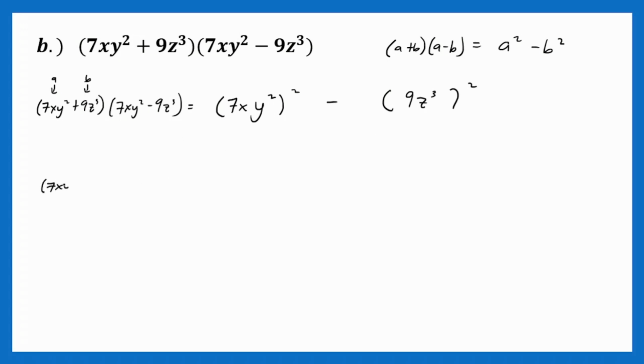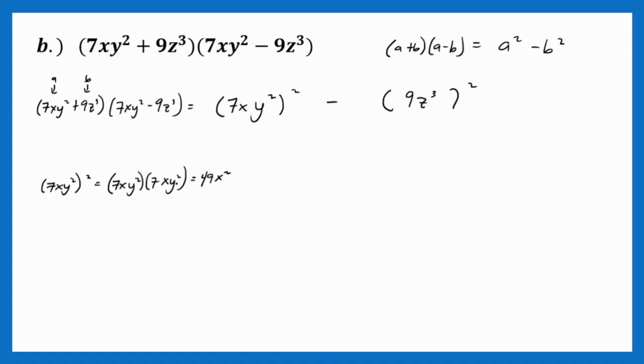So 7xy squared, squared pa. So, times ko to ng dalawang beses. So, 7xy squared, 7xy squared. Okay, what is 7 times 7? 49. X by x, y by y. So, yung x naka-raise sa 1, yung x dito naka-raise din sa 1. So, dalawang x na siya. Okay?